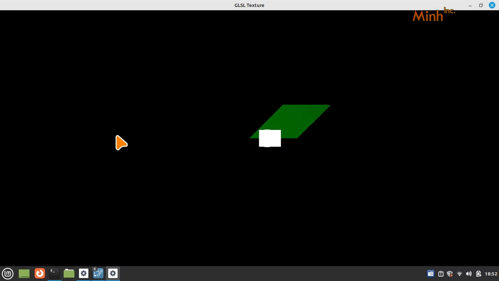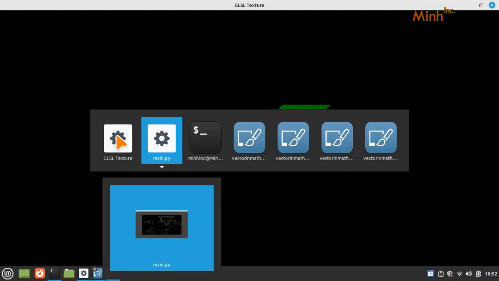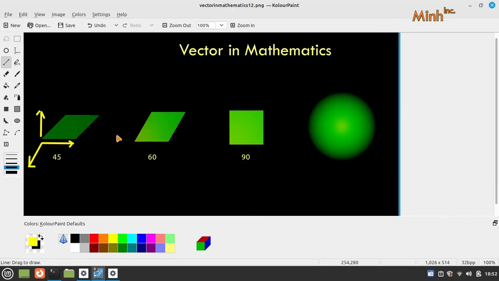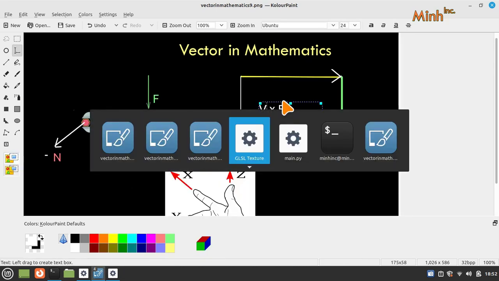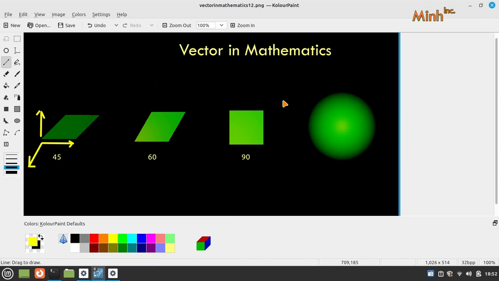here, the light source is throwing the light perpendicular to the normal of the surface. So if I consider the light source, the light direction is in this direction.